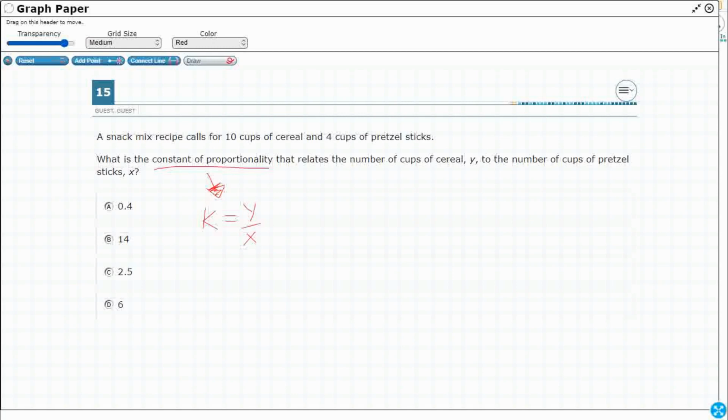Well, when we are looking at rates of change, typically we're going to get a constant, something that tells you what to multiply by the x to get to the y. Another form of this, when we are creating tables or graphs, is direct variation, y equals kx.